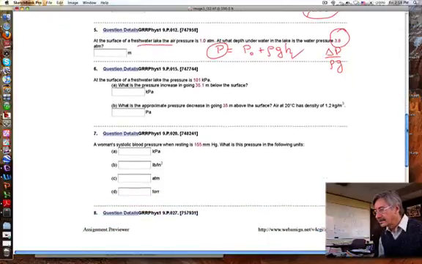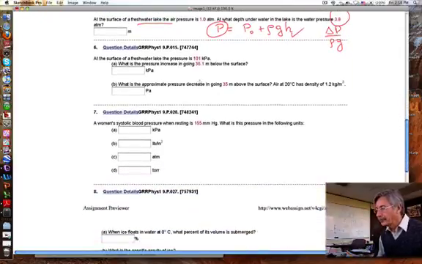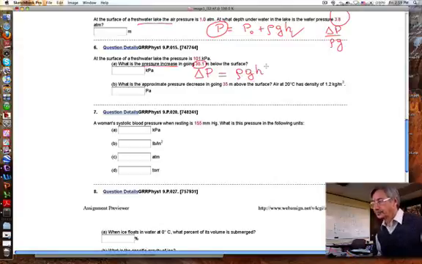Number 6, you have to be careful. Here they are asking what is the pressure increase, so they really want that. So when you are going 35.1 meters, the increase in the pressure is simply rho g h, and the h is already given.